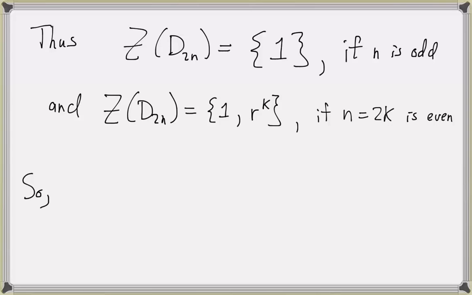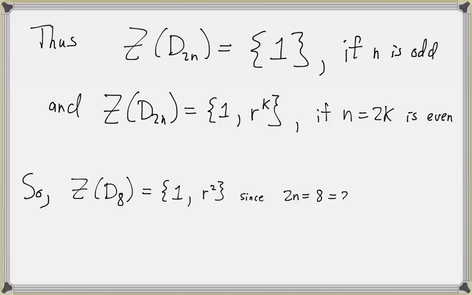So for example, the center of D8, so this would be the symmetries of a square, would equal the set of the identity and the rotation r squared, which rotates the square 180 degrees, since 2n equals 8, which is 2 times 4, so n is 4, which is 2 times 2.